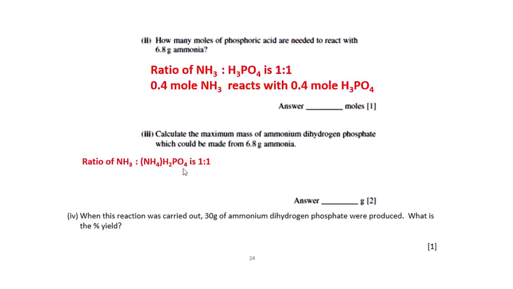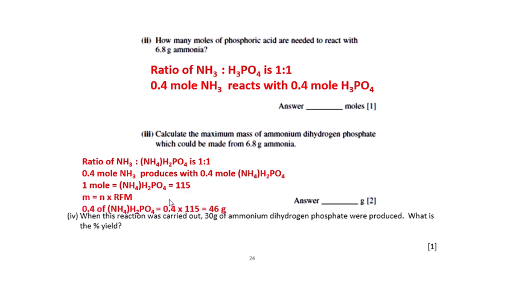So going back to it, the ratio of ammonia to that ammonium dihydrogen phosphate is 1 to 1. So therefore 0.4 moles of ammonia produces 0.4 moles of that NH4H2PO4. Now to work out the mass of it, remember 1 mole we'd worked out was 115. So 0.4 mole is going to be 0.4 times 115, 46 grams.